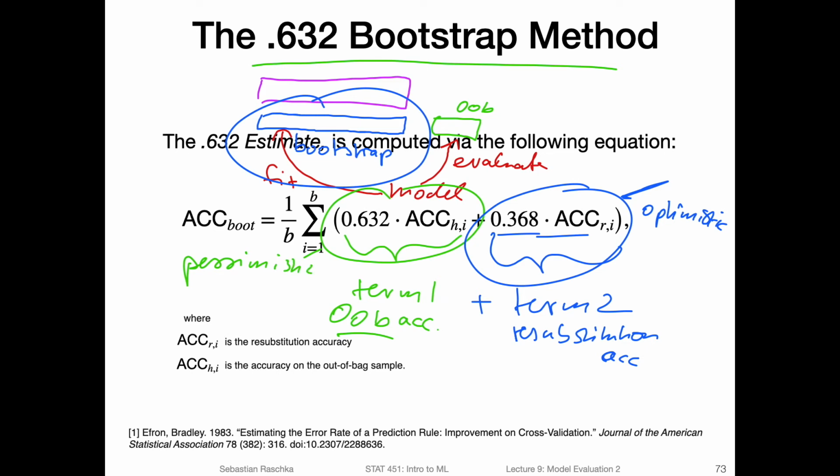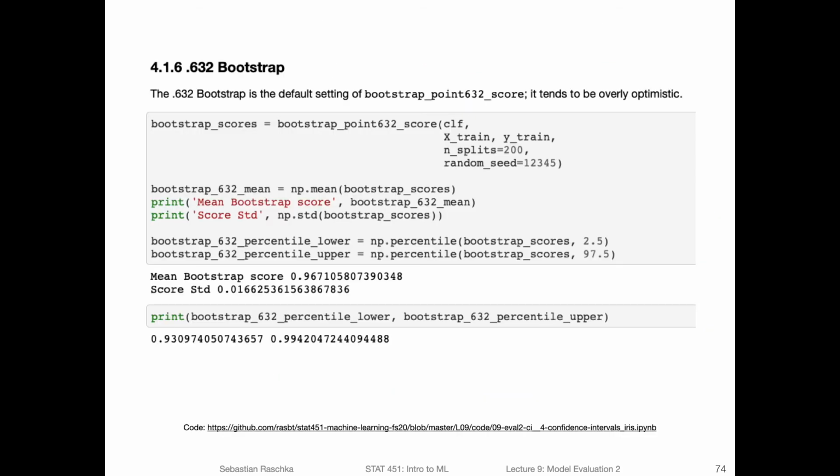And the goal is then to combine a pessimistic and an optimistic estimate together to get a more, I would say, realistic estimate that is not overly pessimistic and also not overly optimistic. So how do we do that in practice? So here is an implementation, again, in MLxtend.